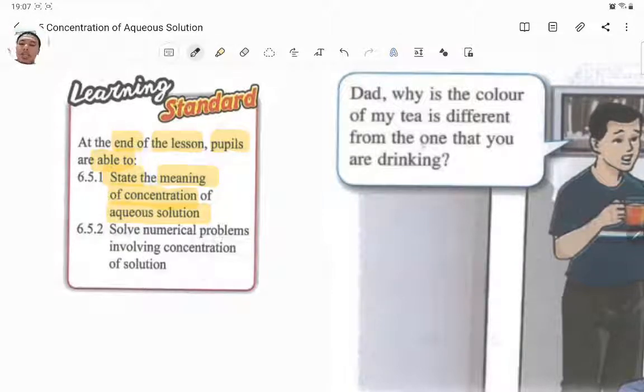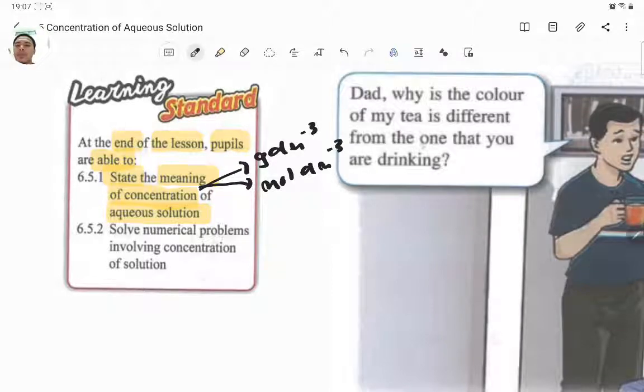Alright, so when we talk about concentration in this subtopic, we have two types. The first one, its unit is gram dm -3, and then the second one is mol dm -3. So that is the concentration that you are going to learn in this subtopic.